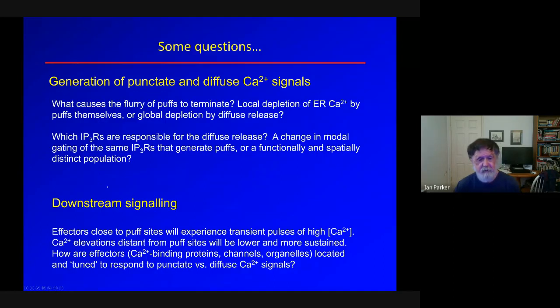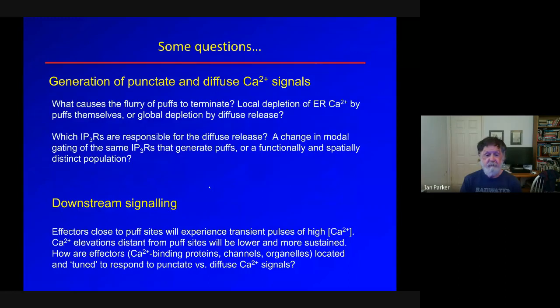Then there's a whole load of questions in terms of downstream signaling. Puffs are a local release. Effectors and organelles close to the puff sites will experience transient large rises in calcium. The diffuse release appears to be uniform through the cell at a lower concentration.